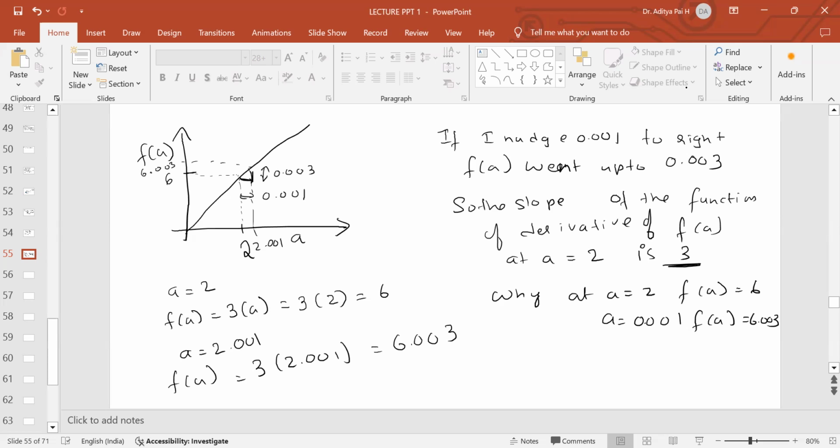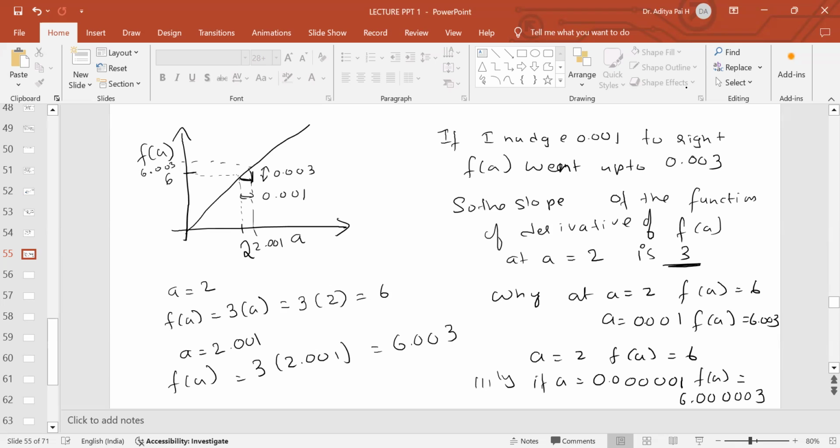So you can see that if a is equal to 2, f of a is equal to 6. Similarly, if I nudge a by 0.000001, then f of a will be 6.000003.